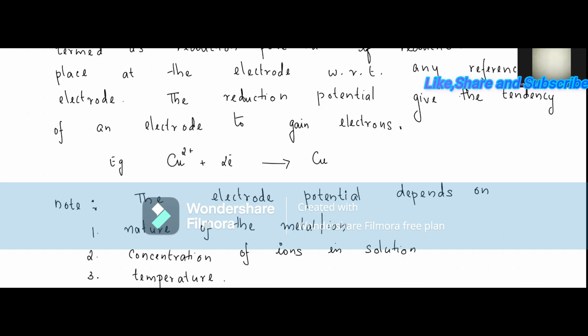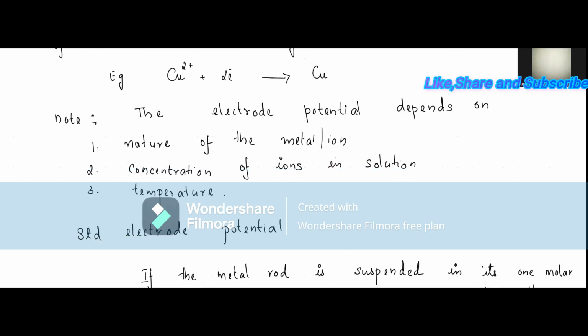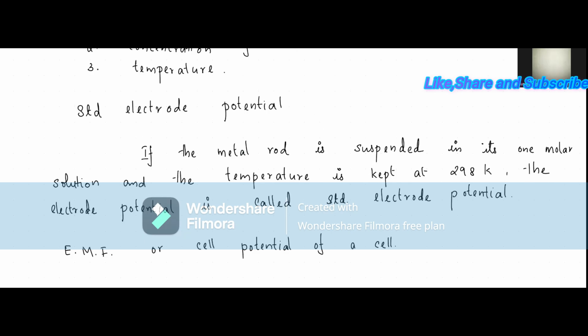Electrode potential depends on three factors: nature of the metal or the ion, concentration of ions in the solution, and also the temperature. Moving on to standard electrode potential.